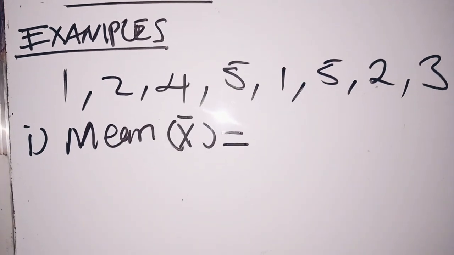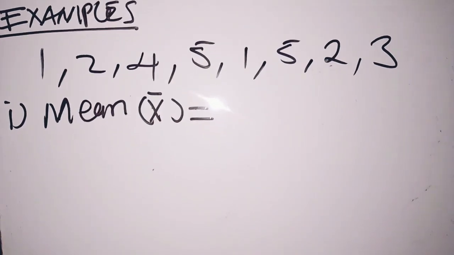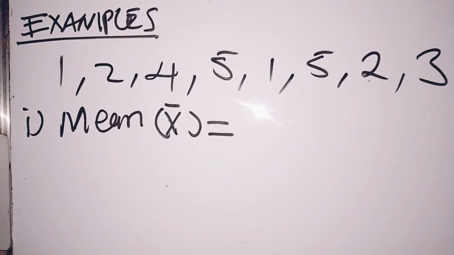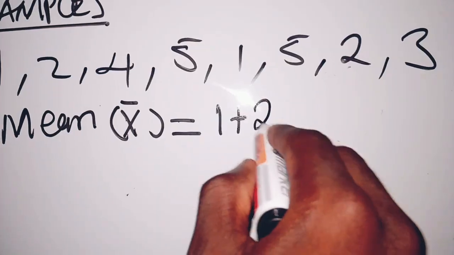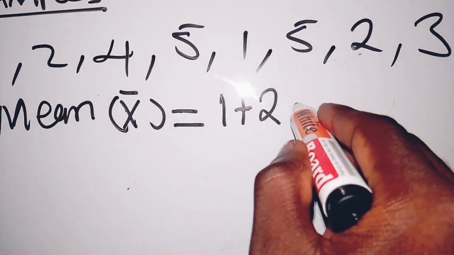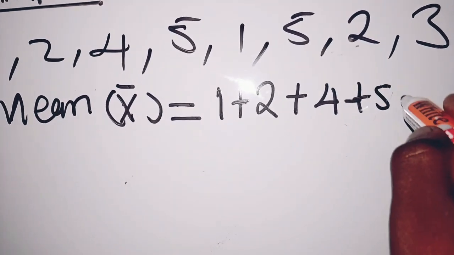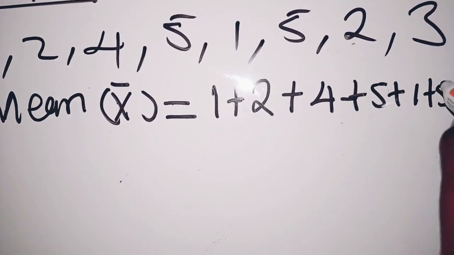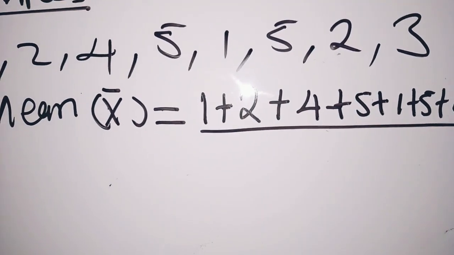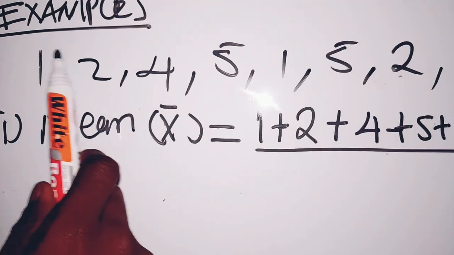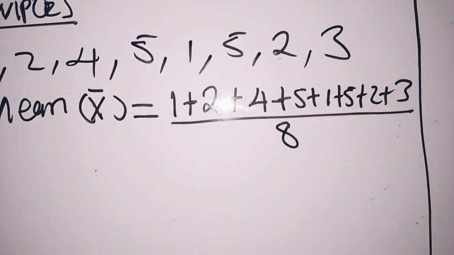It will be equal to the sum of the samples we are given: 1 plus 2 plus 4 plus 5 plus 1 plus 5 plus 2 plus 3, divided by the number of samples. How many samples do we have? 1, 2, 3, 4, 5, 6, 7, 8. So we divide by 8.